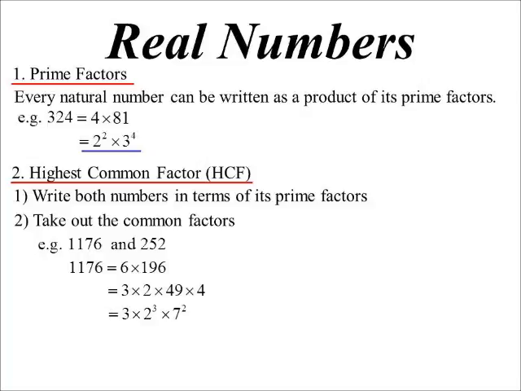So we get 3, 2 cubed, 7 squared. 252, that's 4 times 63. 63 is 9 times 7, so we get 2 squared. So the highest common factor, we pull out the common factors, the things they have in common.